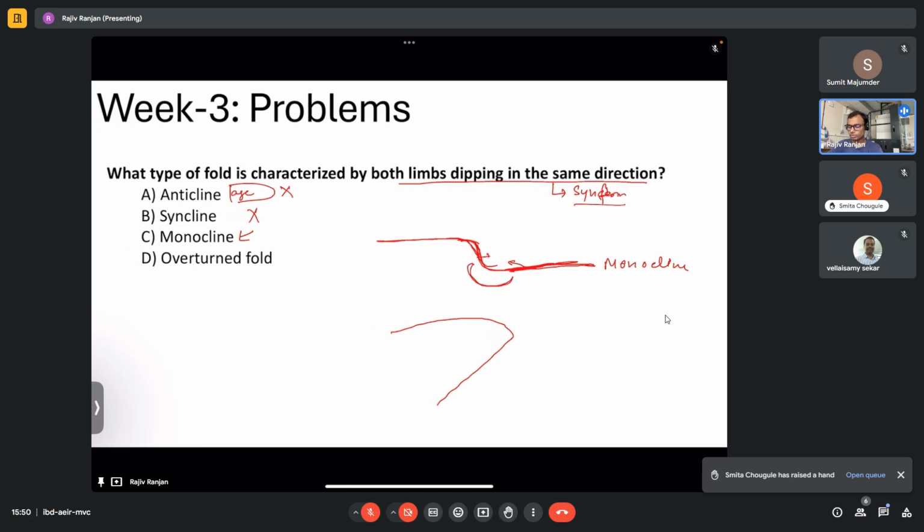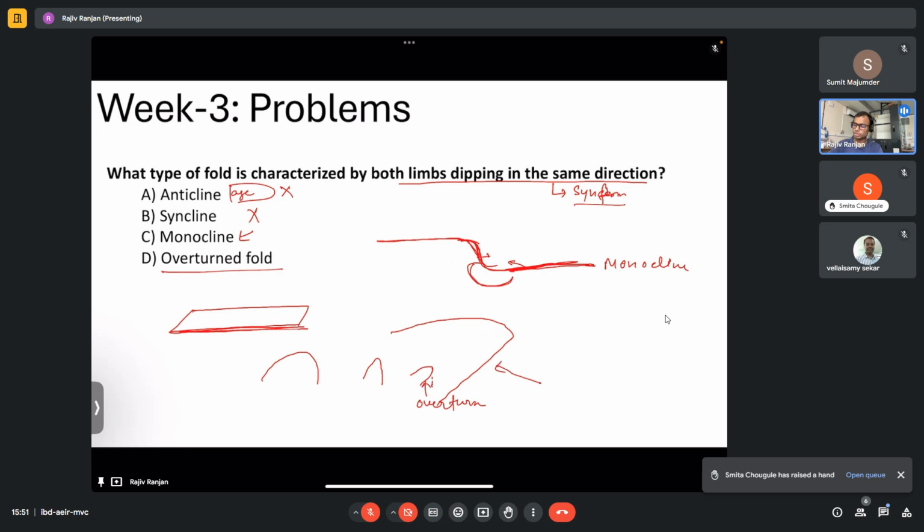And overturned fold, what we know is that one of the limbs gets rotated more than 180 degrees, right? So if you initially have a fold like this, you can have a fold like this, and when it goes beyond this 90 degrees, this limb becomes overturned.